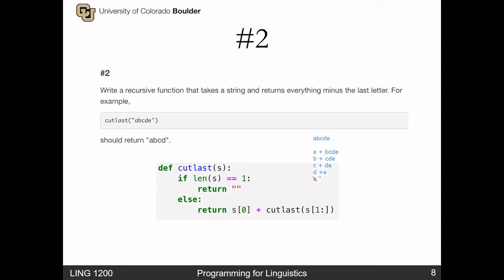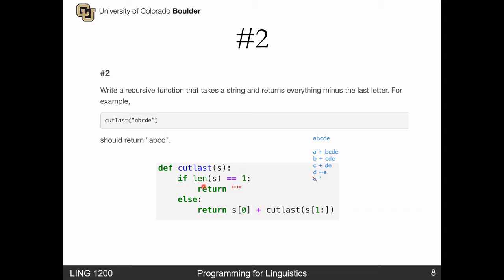And this is what the code looks like. So you can see that we've cut off the first item, and then called that same recursive function with everything but the first item. And of course, how do we keep track of when we've got down to that one item? Well, very simply, we use the length of the string.